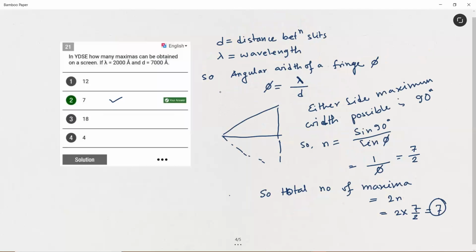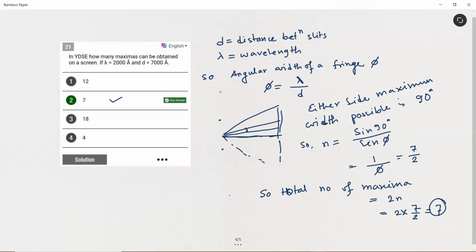Now, in a Young double slit experiment, how many maxima can be obtained on a screen if lambda is this and small d is this? Suppose from the center position, there is a slit, there is a slit. From the center region, let us think it will be a long screen, but the angular width is like that.